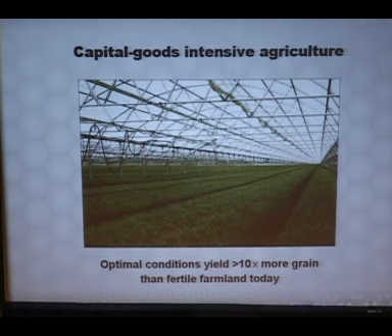So, with a productive technology that can inexpensively make these greenhouse or glasshouse structures, and the environmental control mechanisms necessary to produce these conditions, it will be possible to grow the same amount of food on 1/10 of the area of land. This would greatly reduce environmental impact.